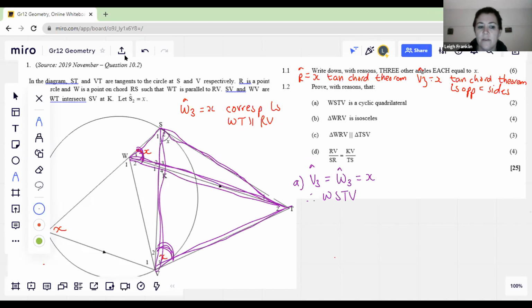Therefore, WSTV is cyclic, converse, angles in the same segment.